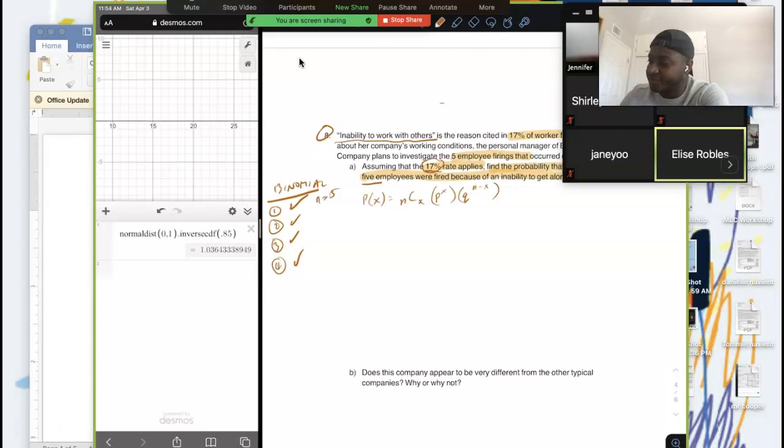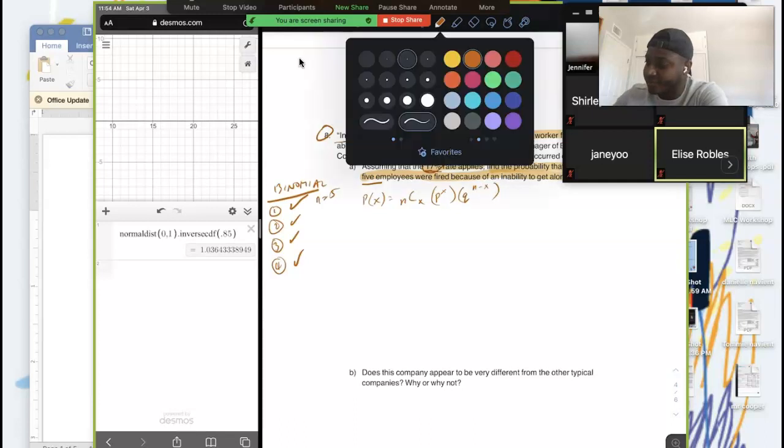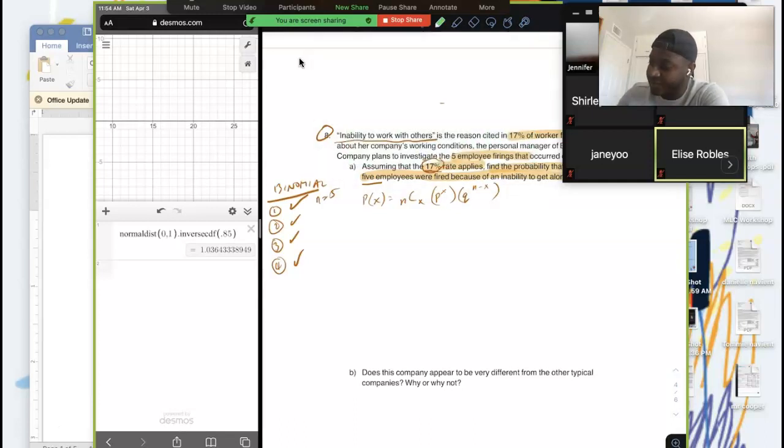Okay, so what we would do is we need to figure out all of our information. So we need n, and then remember q is also 1 minus p. So n is going to be the number of trials, and there are 5 trials. X is going to be the number of successes. So it'd be the number of people that were fired because they had an inability to work with others.